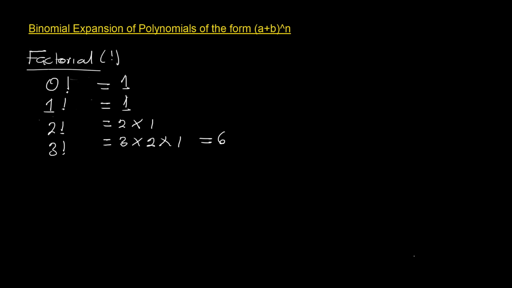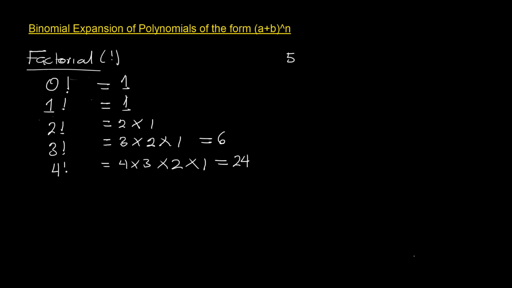And this gives us 6. The factorial of 4 is defined as 4 times 3 times 2 times 1. This also evaluates to 24.